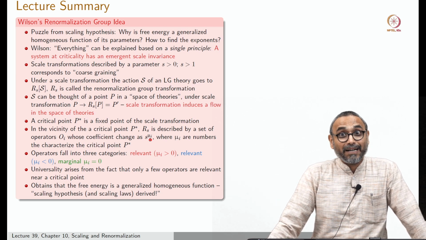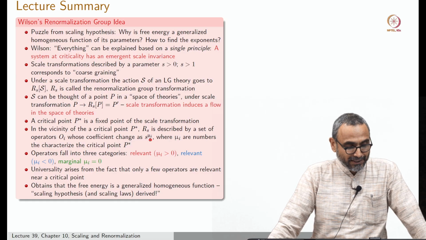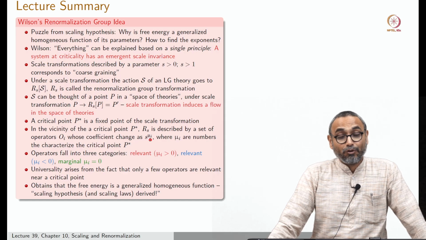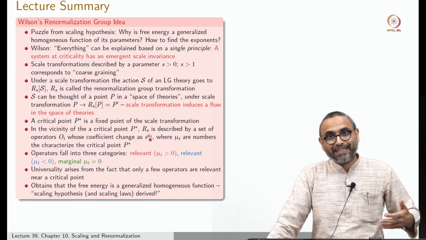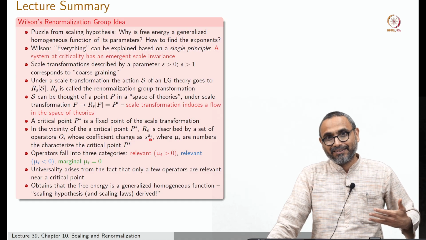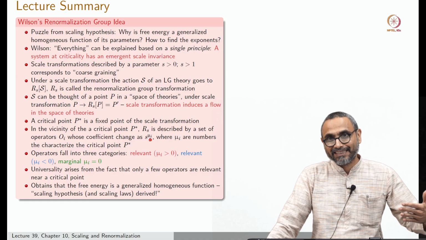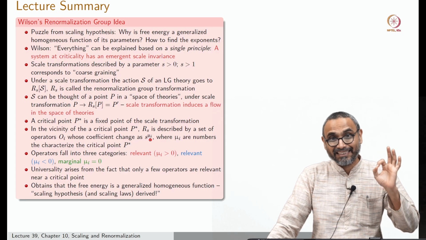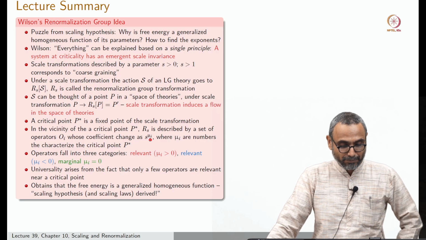So in a sense, we were able to derive the fact that the free energy density is a generalized homogeneous function of its parameters. What we effectively did was derive the scaling hypothesis from Wilson's principle that there is scale invariance at a critical point.